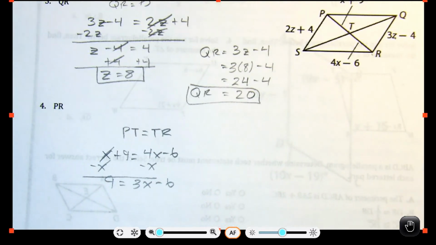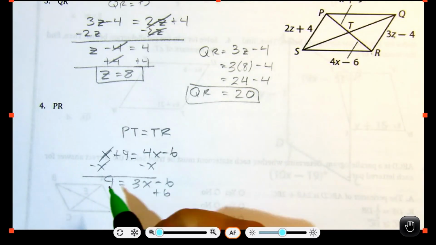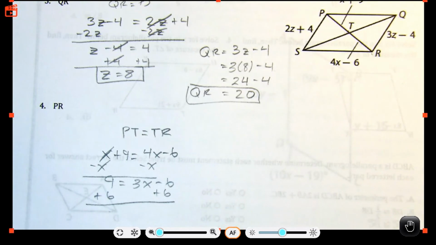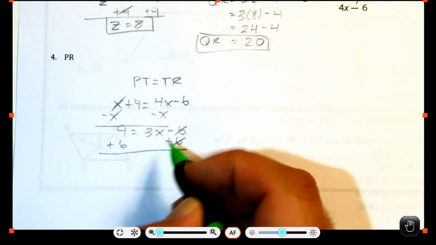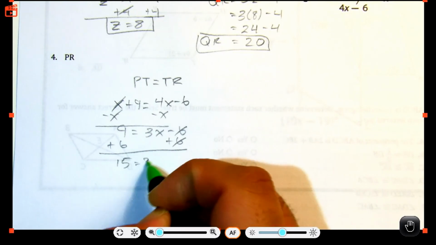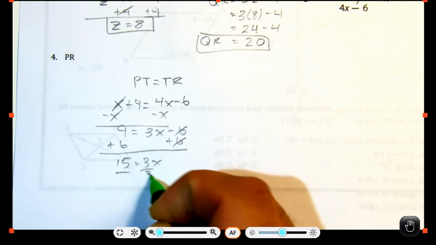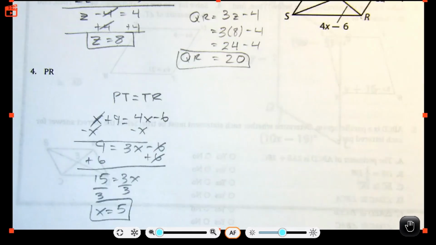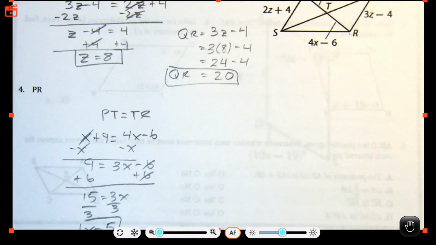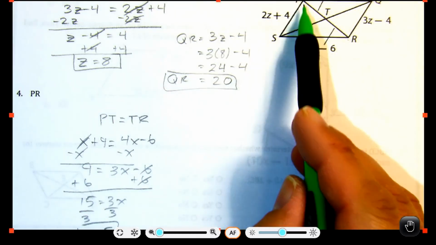I could add 6 to both sides. And I get 15 is equal to 3x, and I could divide both sides by 3, and I get x is equal to 5. So x equals 5, but that does not answer our question. Our question is, what is PR?